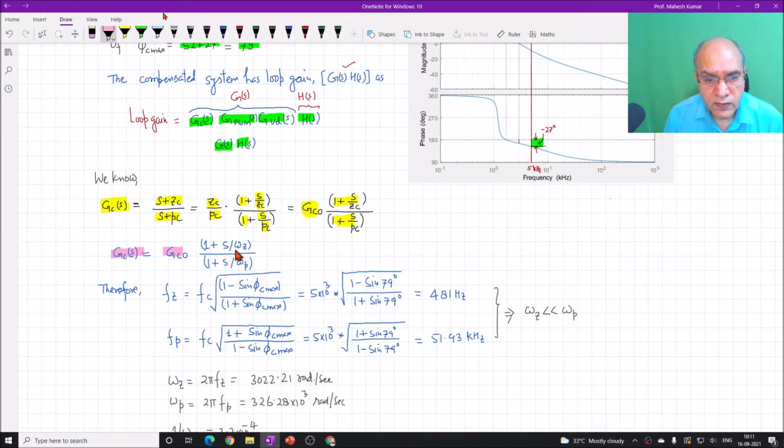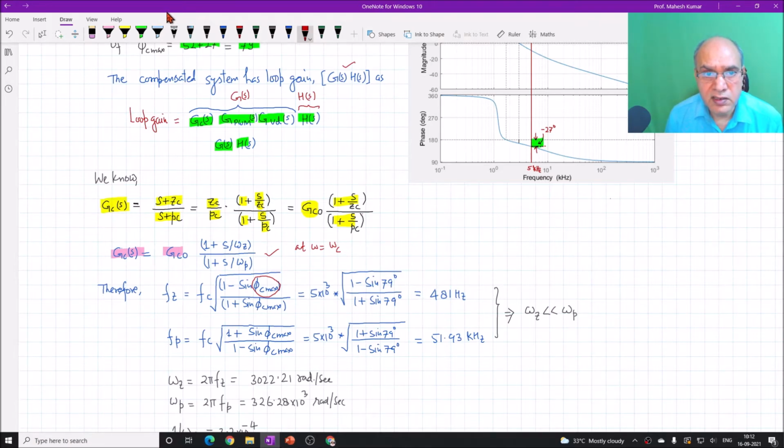The transfer function for the lead compensator is therefore written in this form, where the frequency S equals j omega C, because we want to have the maximum phase angle contribution from this compensator at omega equal to omega C, that is the gain crossover frequency. So we have found that the value of phi C max that it must contribute at the crossover frequency must be 79 degree.